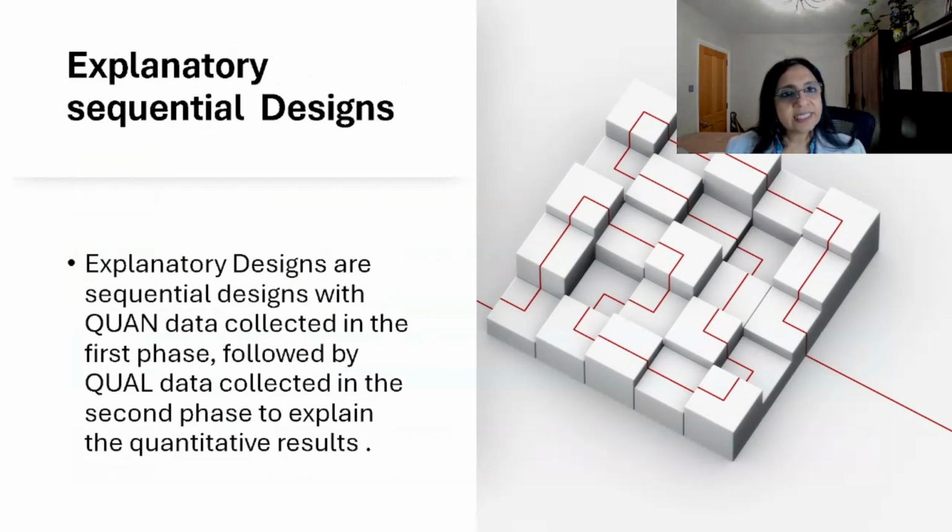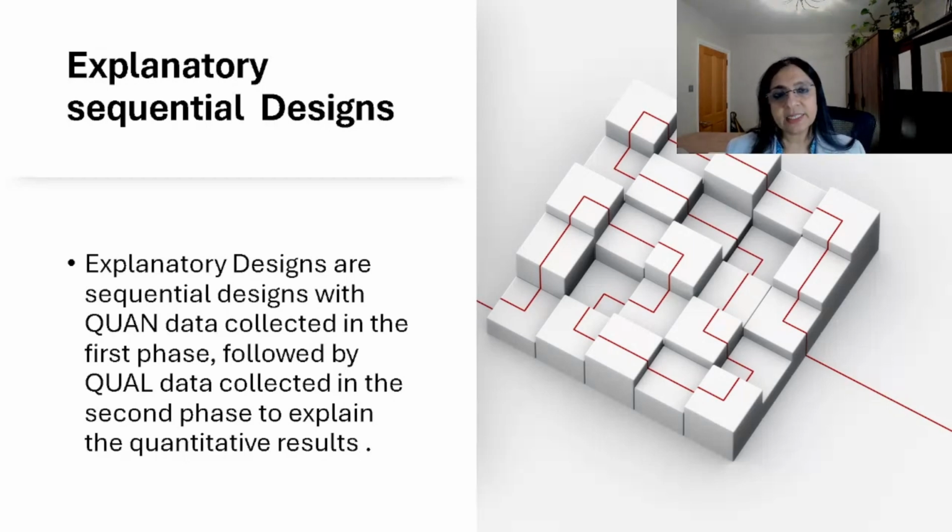So the second basic design is explanatory sequential designs. So from the name itself, we can understand what the design is, like explanatory. So when we need explanations, usually when we have quantitative findings and we need to explain more by using qualitative data.